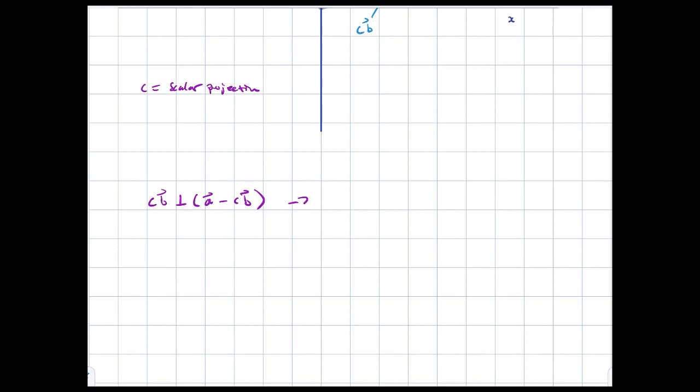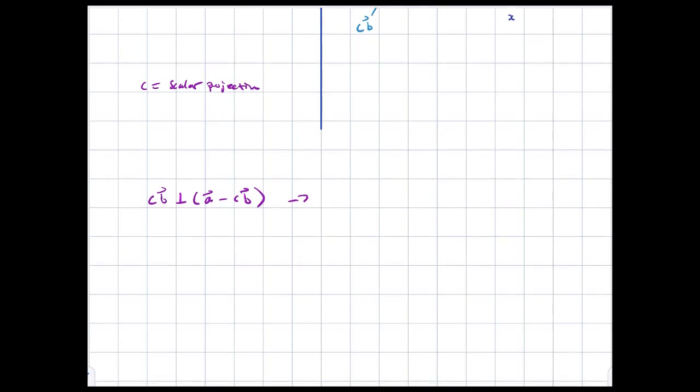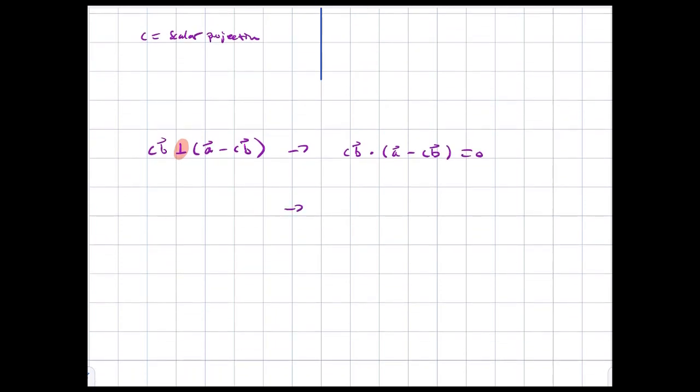So the fact that these two vectors here are orthogonal, C times B, the projection of A onto B, is orthogonal to A minus C times B, A minus the projection, means that CB dot product with A minus C times B is equal to 0.